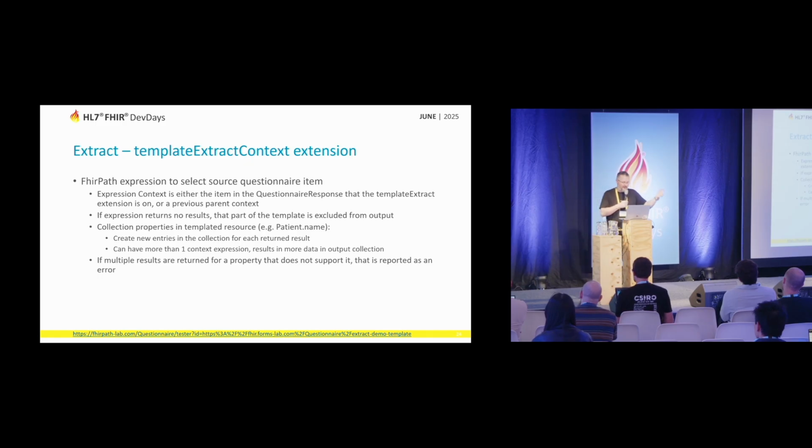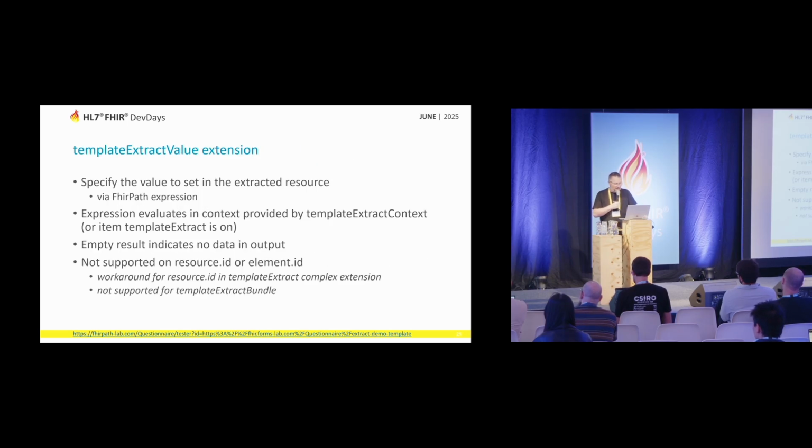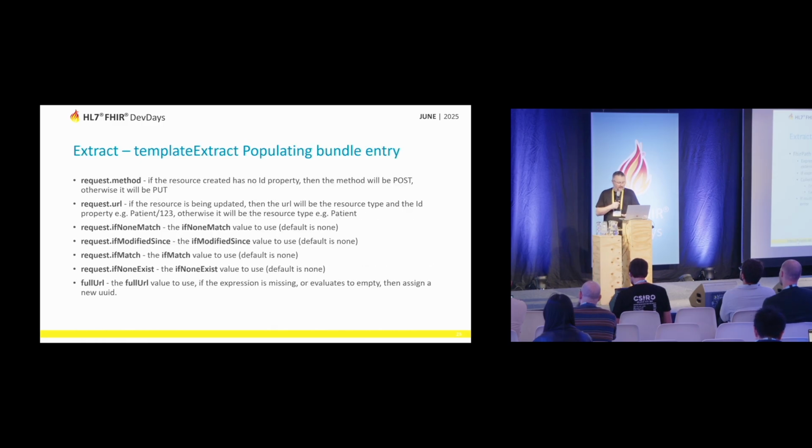So if you extract at the top and you wanted to walk into the list of contacts, you could then set the contacts to say start here. And then the value is just extract the value. And the two exciting variations are resource.id and element ID. You can't populate element ID, but the resource ID you can, which is back up in our control.